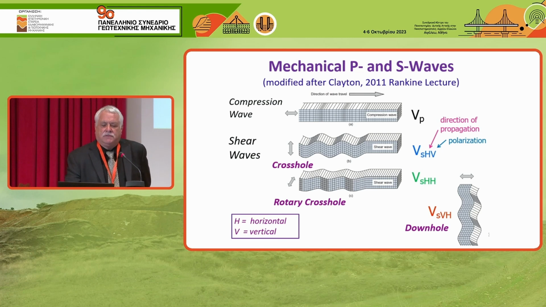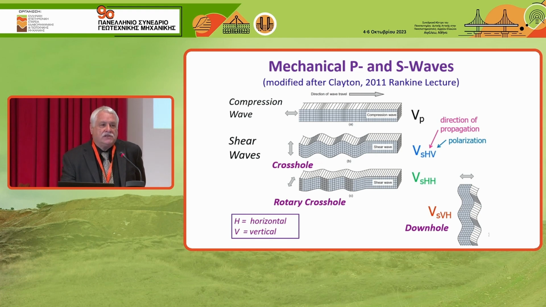And I took this from Chris Clayton's Rankine lecture. He shows that, in fact, we have 3 different types of shear waves depending on the direction and the polarization. The movement in a shear wave, you have 3 principal stresses in a Cartesian coordinate system: sigma x, sigma y, sigma z.